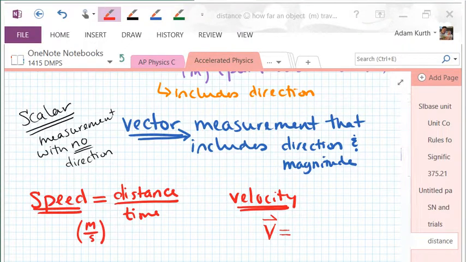So it's displacement, that delta x business, over time. Okay? What are the units of velocity? It's not a trick question. Meters over seconds, right? This is still in meters, this is still in seconds. So it's in meters per second, but you need to have a direction that goes with it. That's the difference.